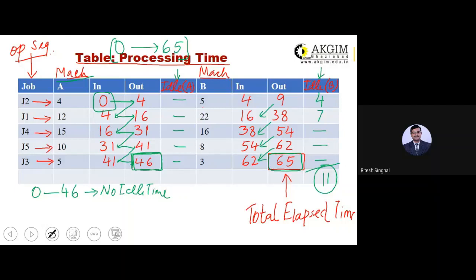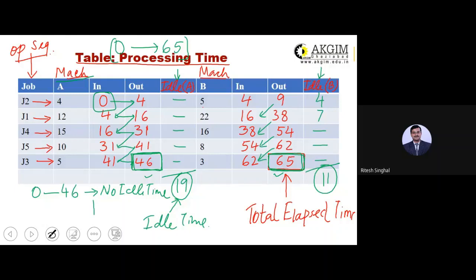So the difference between 46 and 65, that is 19 hours, is the idle time for machine A. From 0 to 46, there is definitely no idle time, but after 46, machine A has to wait for machine B, because the entire project is finished only when all the jobs are completed on both the machines.